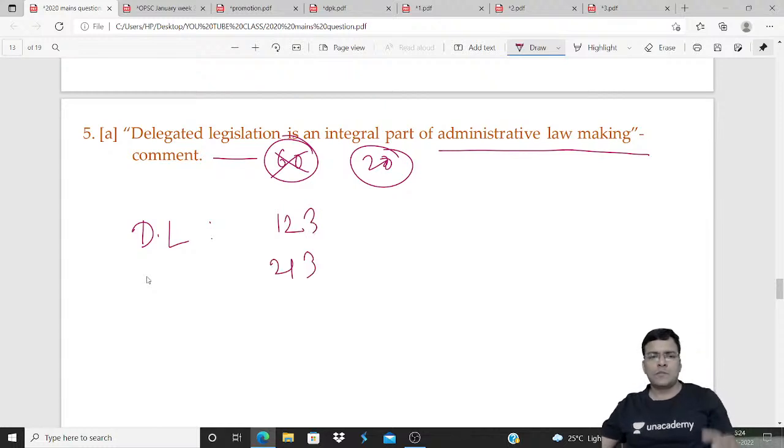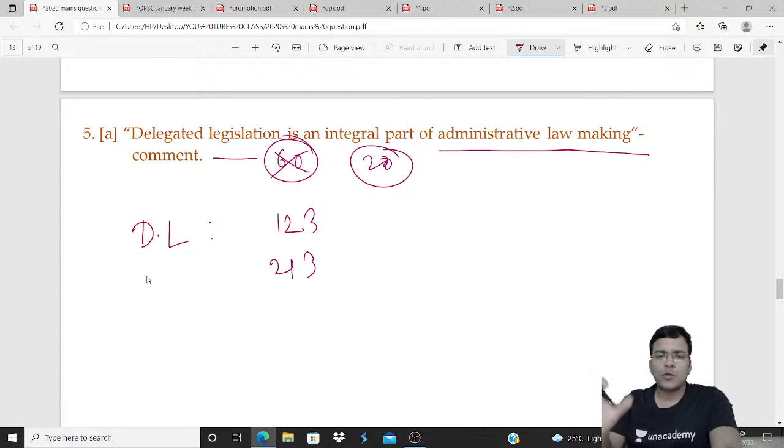Need of it, shortly: what is delegated legislation, example, need of delegated legislation, 5-point advantage, 5-point disadvantage, and control over delegated legislation. Without explaining, just give points. Parliamentary control, procedural control, judicial control. In two pages, finish it, definitely you will get good marks.